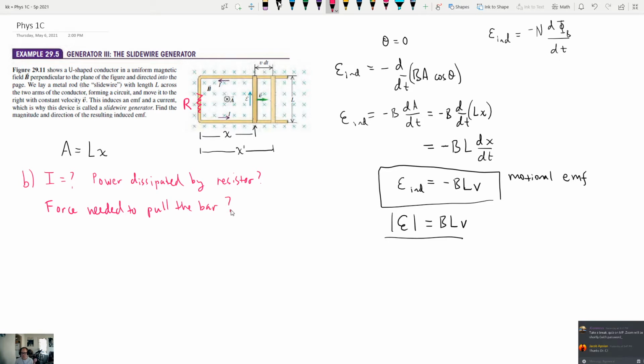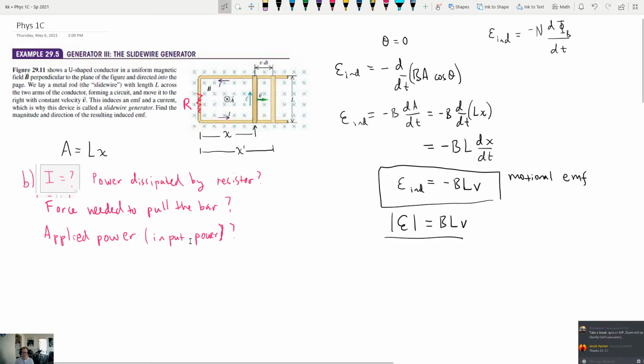And the last thing is going to be the applied power, or maybe a better way to put it would be input power. That is to say, what's the rate at which this force needs to use energy in order to keep pulling this bar, basically, if that makes sense. I think what I'm asking here will make more sense when we get there, after we've answered these other three. Okay, how do I find the current?